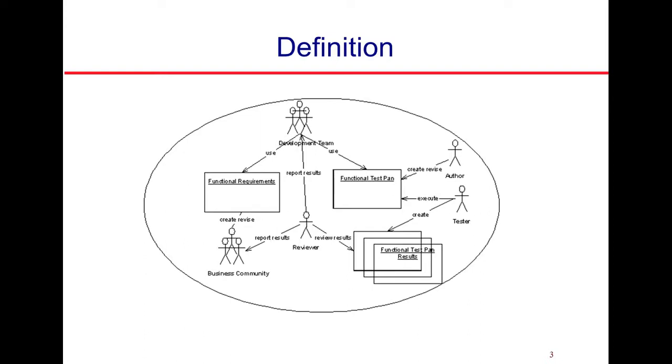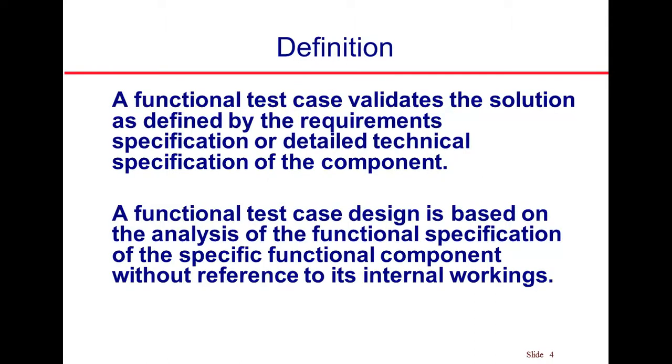So these are all testing the functions, functional test plans. The result is tested by the reviewer. These are the report results and review results, which are stored in the functional test plans results. And this is the business community. So this is all about the function which happens in the system.